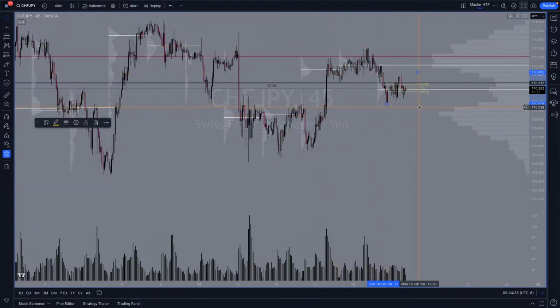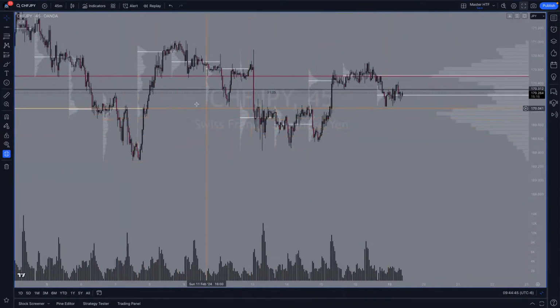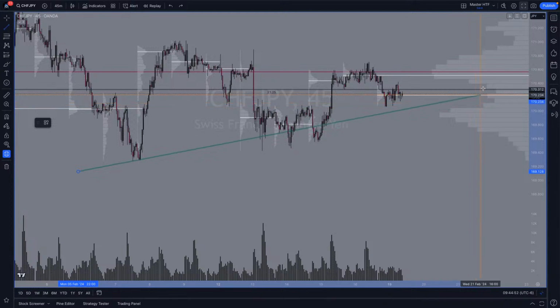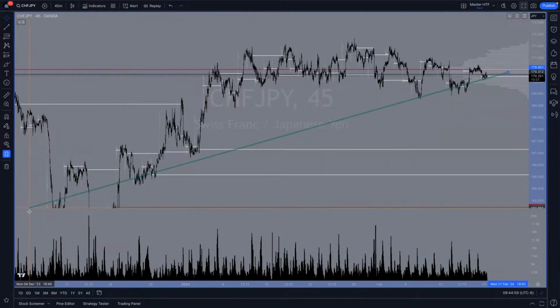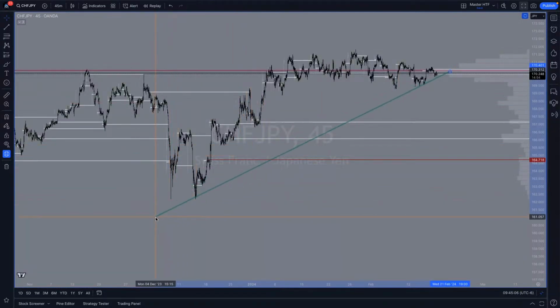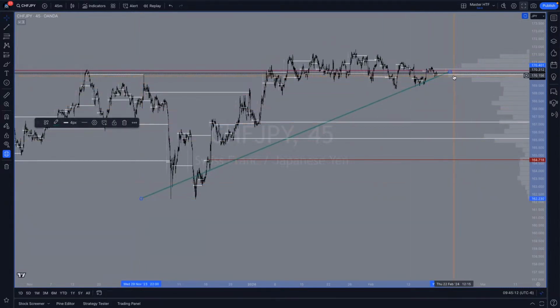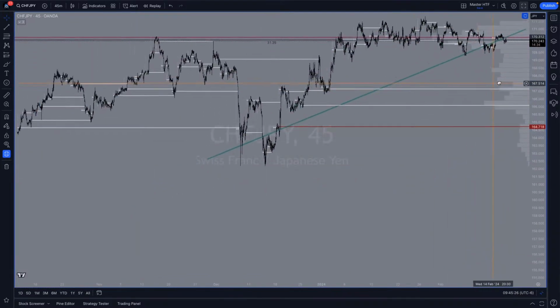Anyways, I like the flow of the market here. I don't know, it's a messy line.